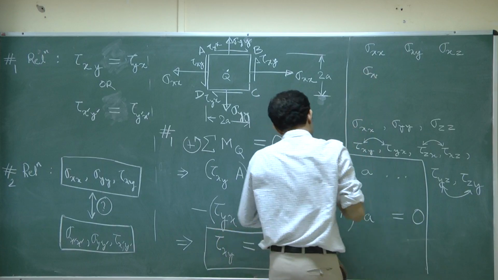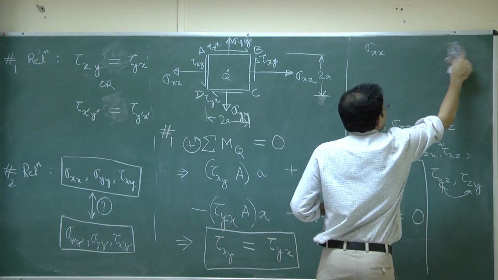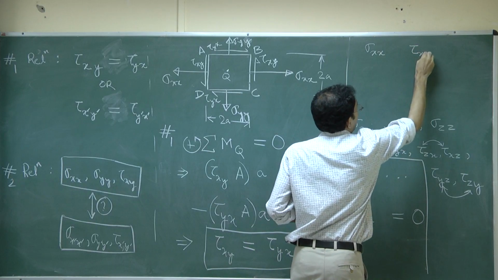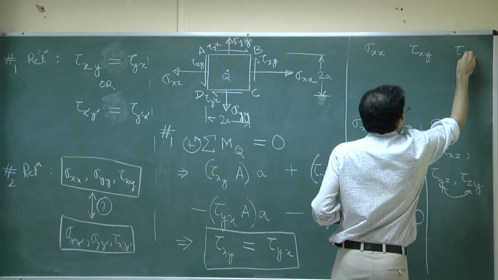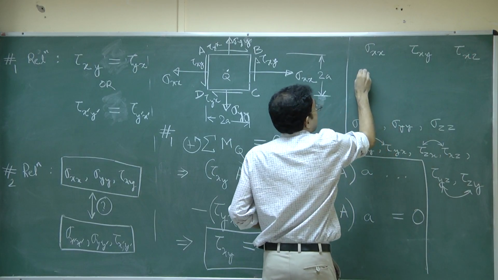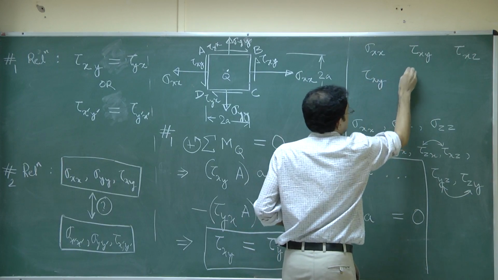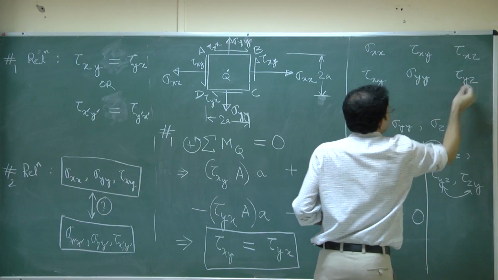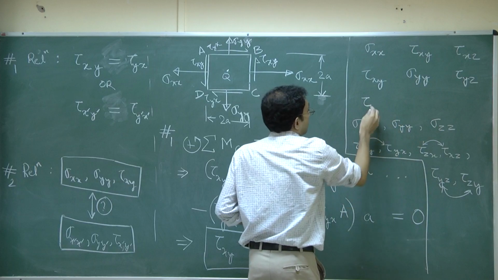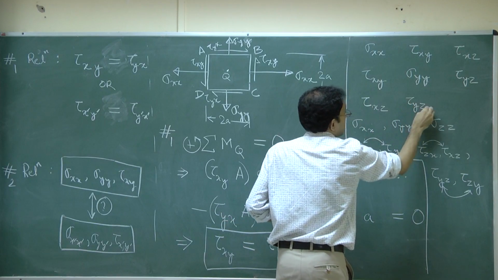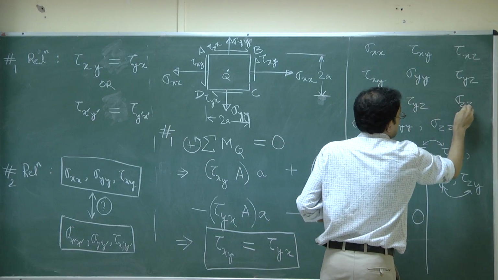Oh, sorry. We will follow the usual convention of writing it as sigma xx, tau xy, tau xz, tau xy, sigma yy, tau yz, tau xz, tau yz, sigma zz.